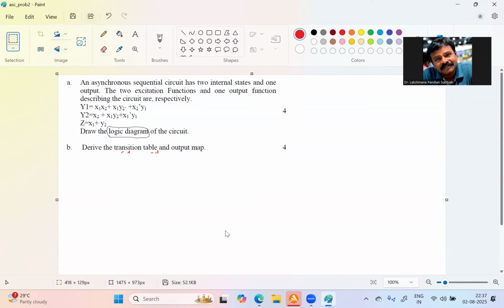One OR gate is required for the output. Next we have another OR gate with three inputs. So you draw some distance apart.